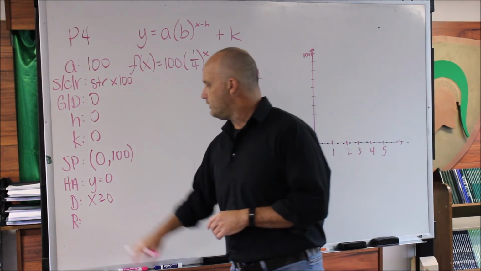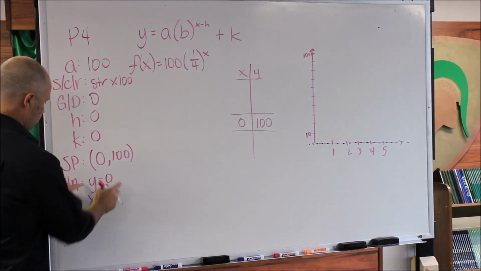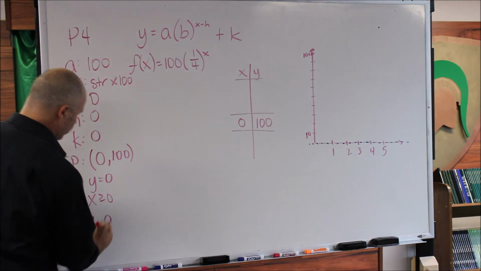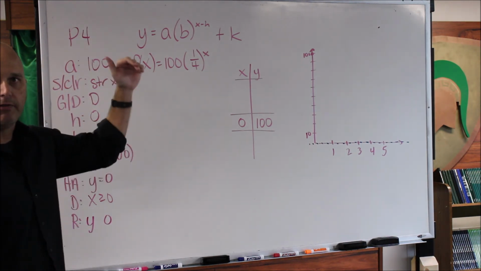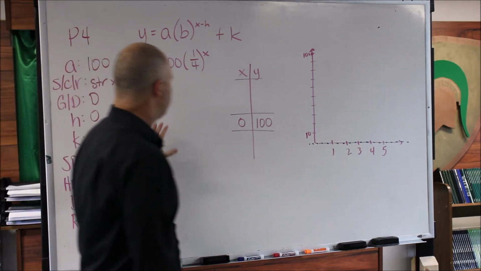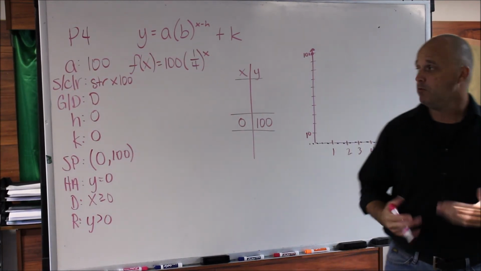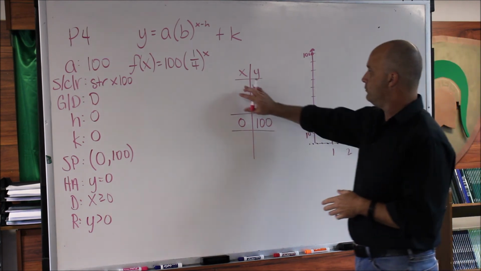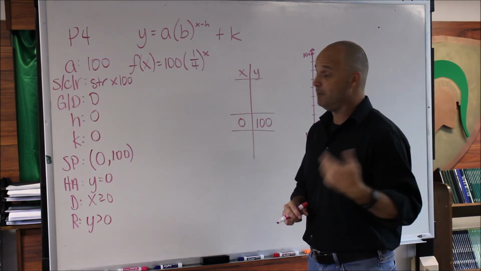Then the range is going to be, again, we're going to take this horizontal asymptote, y and 0, but it can only be greater than. It cannot be greater than or equal to. So once we've got that done, now we're ready to move on and start creating some points to be plotted.